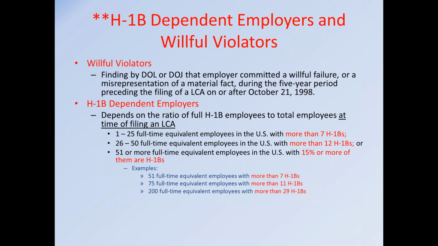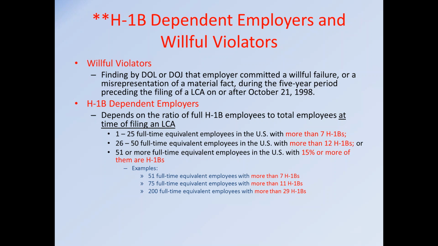And then here's where it gets ridiculous. If you're at 51 or more full-time equivalent employees, and 15% or more of them are H-1Bs, that's dependent. So that drops down, and employers who are larger than 50, in a range of about 50 to the high 70s, can actually have fewer H-1B employees than employers of sizes 26 to 50.